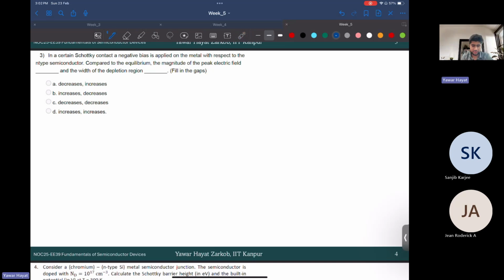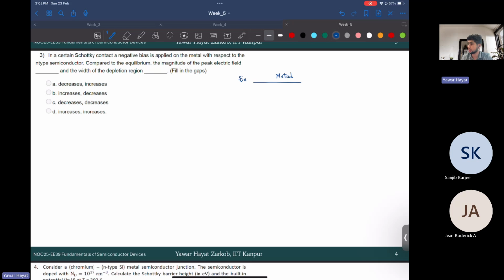Firstly, let's draw the equilibrium band diagram. We have a metal-semiconductor junction, and the semiconductor is n-type. So this would be the metal.